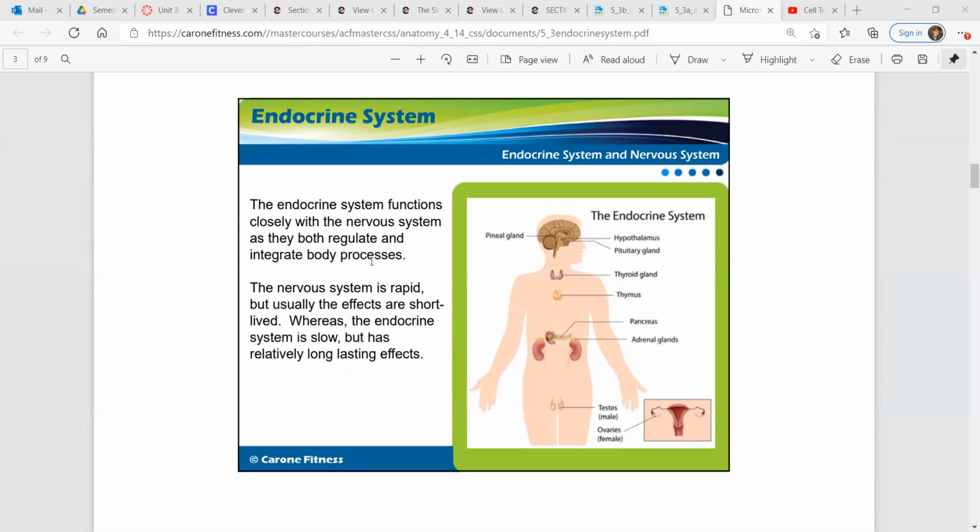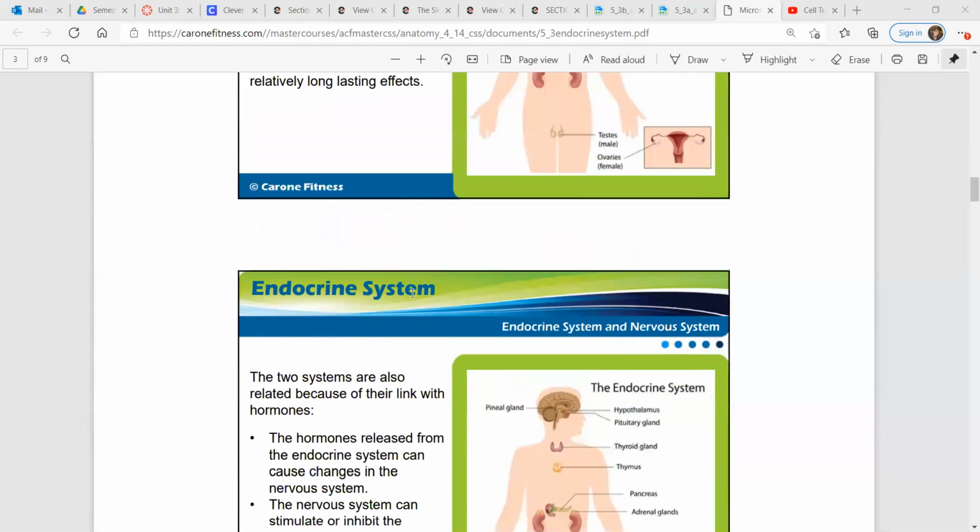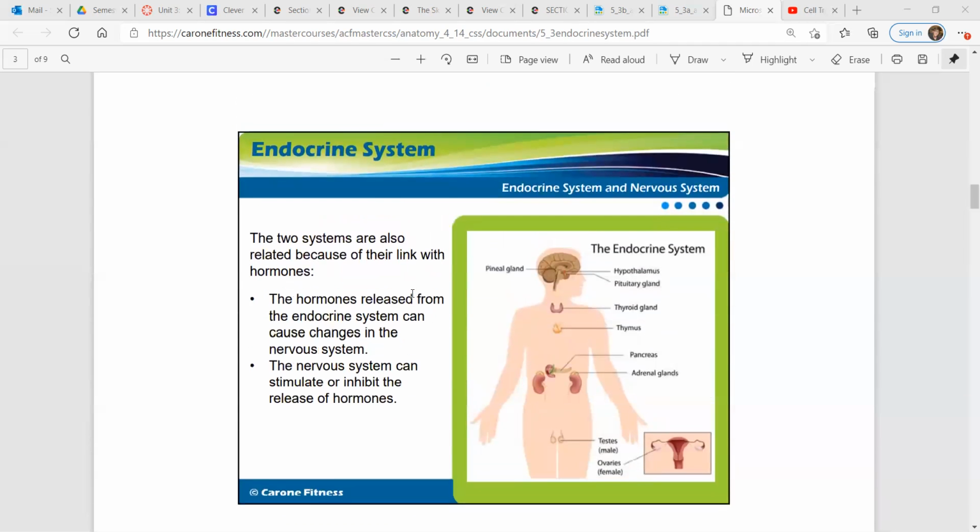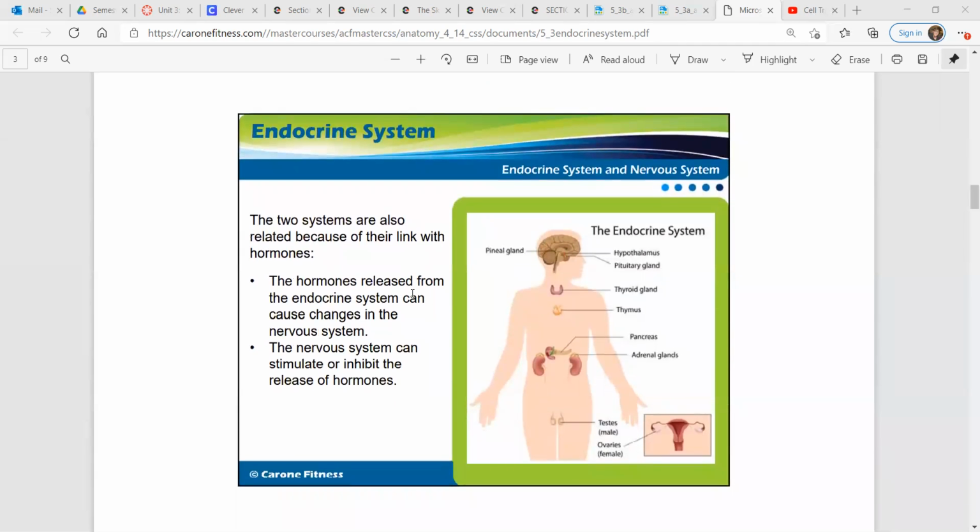So the nervous system is quick and the changes will be short-lived, and that is generally not the case in endocrine systems. The two systems are also related because of their link with hormones. The hormones released from the endocrine system can cause changes in the nervous system. The nervous system can stimulate or inhibit the release of hormones.